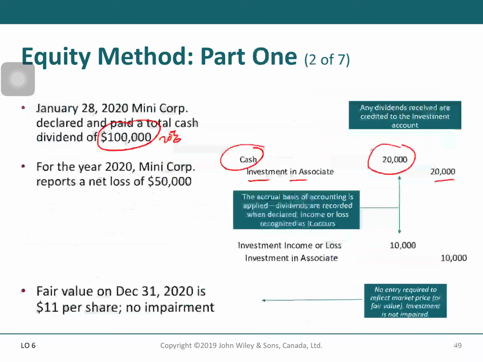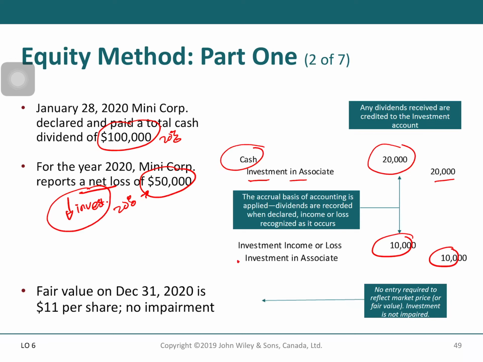Okay, for the year 2020, Mini Corporation reports a net loss of 50,000. Remember, a net loss will decrease your investment. Okay, and how much? 20% of this number. Okay, 20% of 50,000 is 10,000, and here is the decrease in investment.